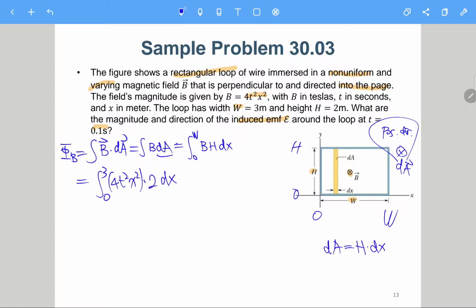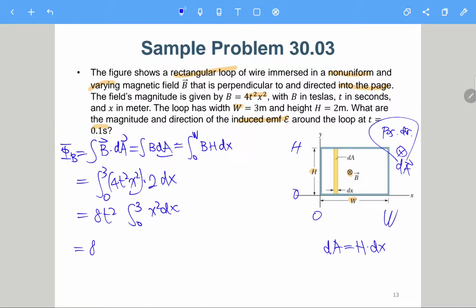So we just plug in everything, and we only integrate for x, so we can put 8t squared outside, and then we have the integral of x squared dx from 0 to 3.